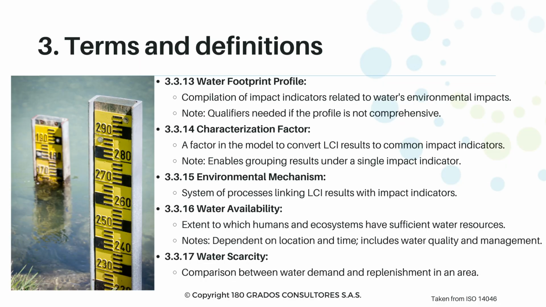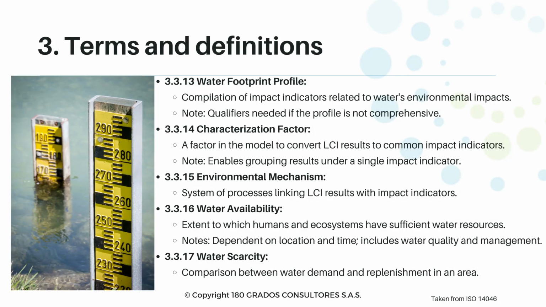The environmental mechanism refers to the series of physical, chemical, and biological processes that link LCI results with environmental impact indicators. Okay, this mechanism is essential to understand how human activities specifically affect water and ecosystems. Moreover, water availability measures the extent to which humans and ecosystems have access to adequate water resources.